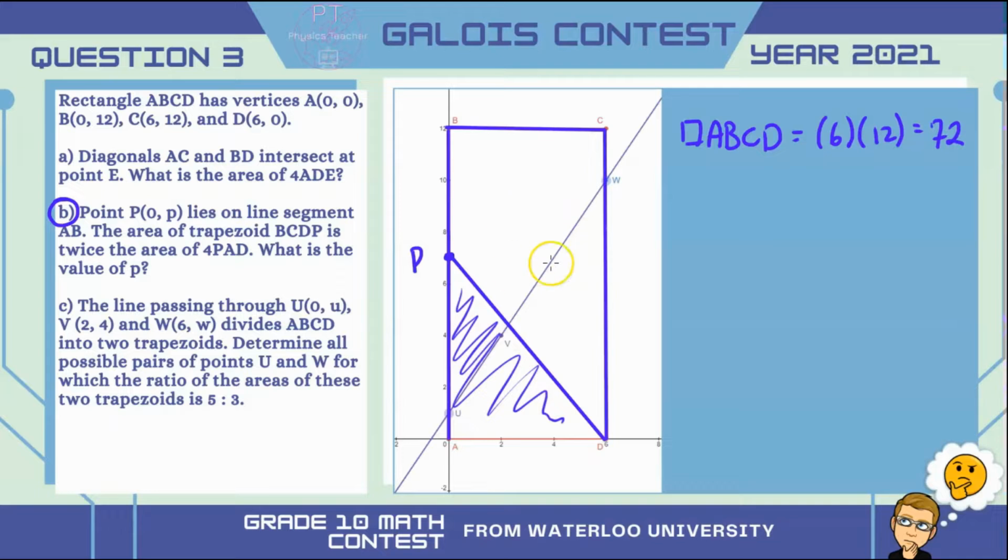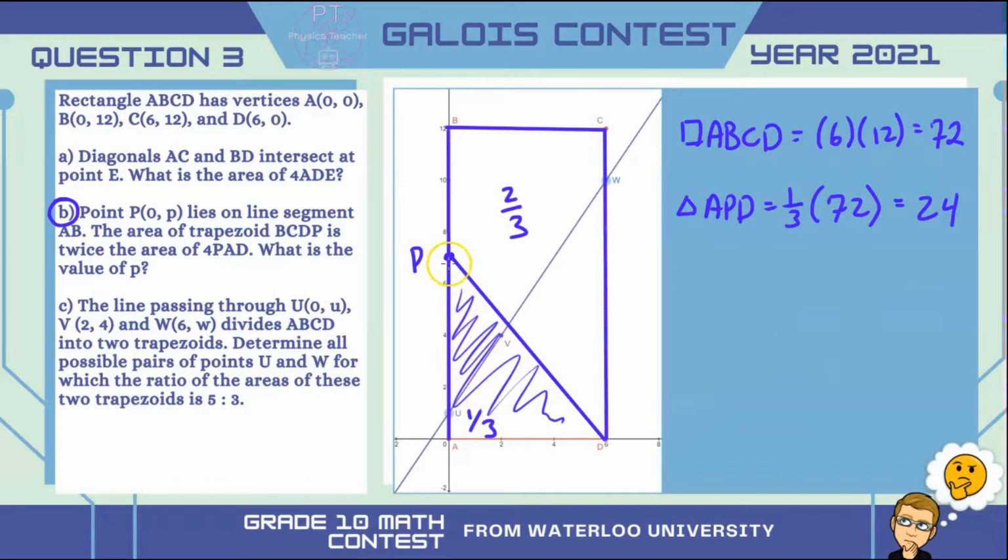Now, since the area of this trapezoid is twice the area of this triangle, we can say the area of the trapezoid is 2/3 the area of the entire rectangle, and the area of the triangle would be 1/3 the area of the entire rectangle. So if the area of the triangle APD is 1/3 the area of the rectangle, that's 1/3 of 72, which is equal to 24.